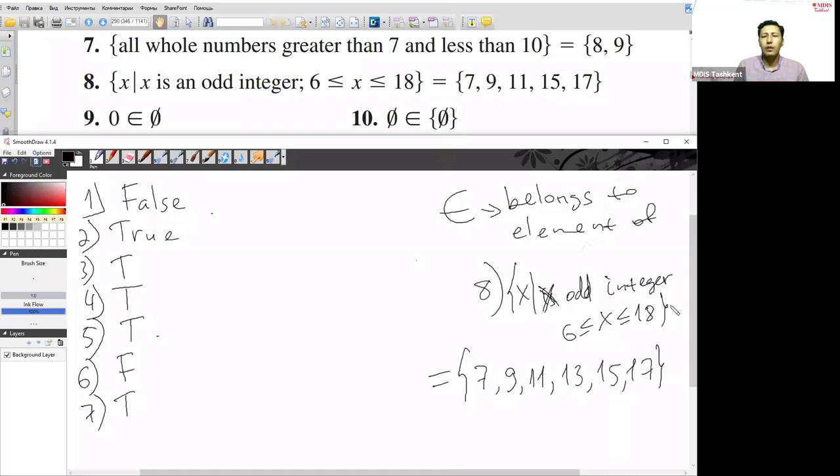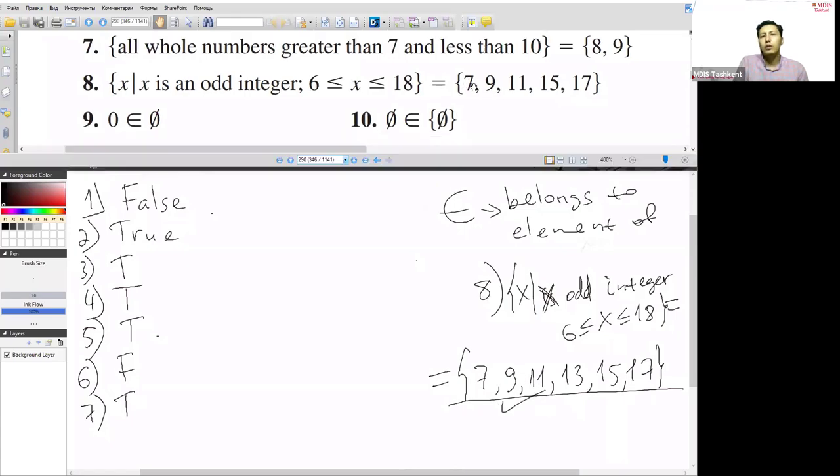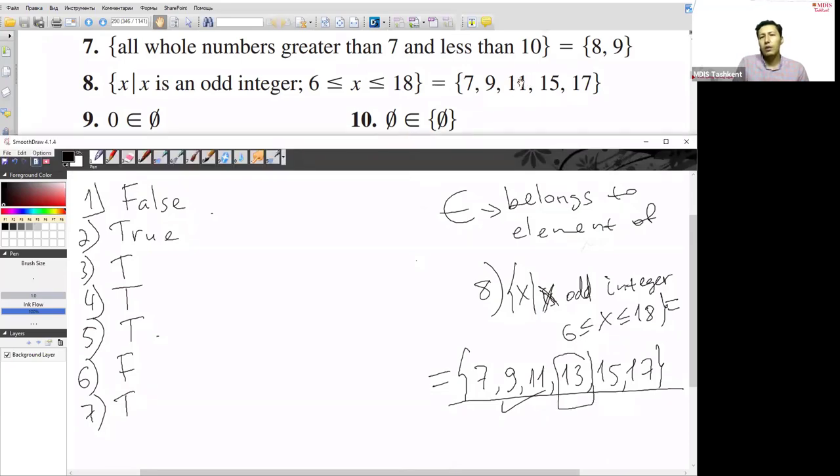So this set is actually equal to this set. Now let's compare this one with the right side one. Are they equal to each other? Do we have the same sets? No, because here we have 13 and on the right side we don't have that. So these two sets are different. They are not equal. So the statement is false.